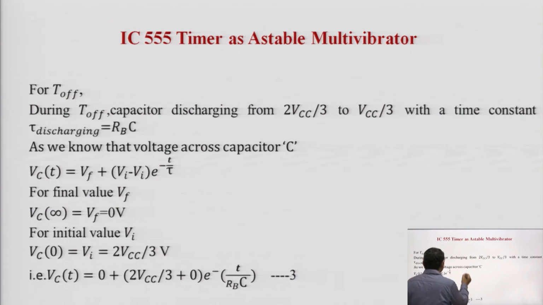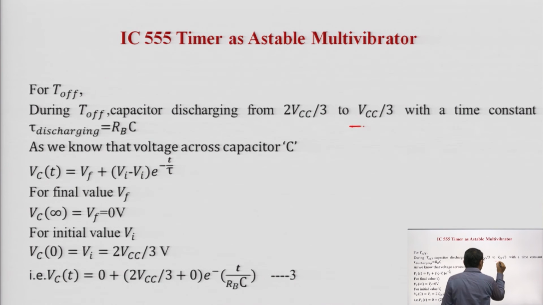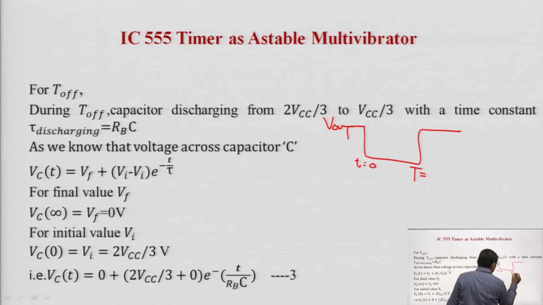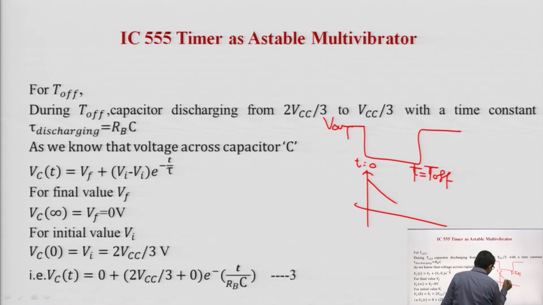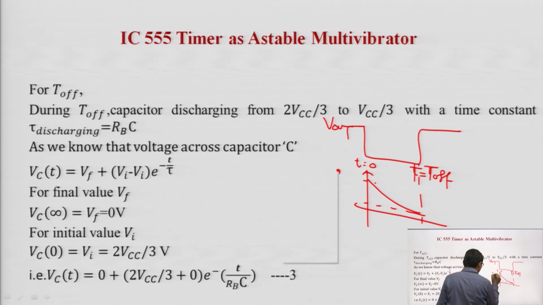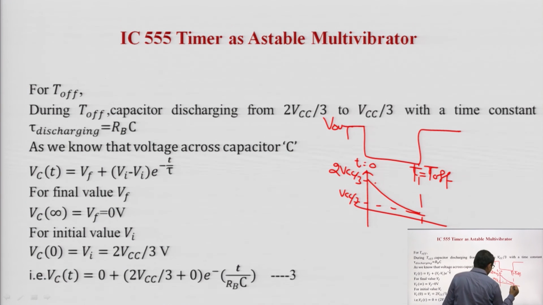During t off, the capacitor starts discharging. So, here we calculate V out, this is t equal to 0, t equal to t off, and for this the capacitor will discharge from 2 Vcc by 3 to Vcc by 3, and this will be the t off.